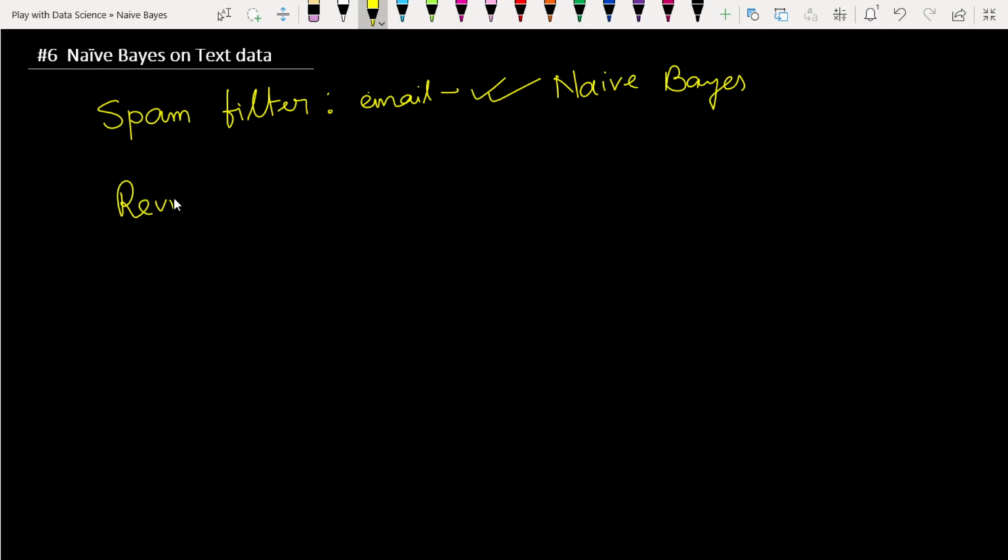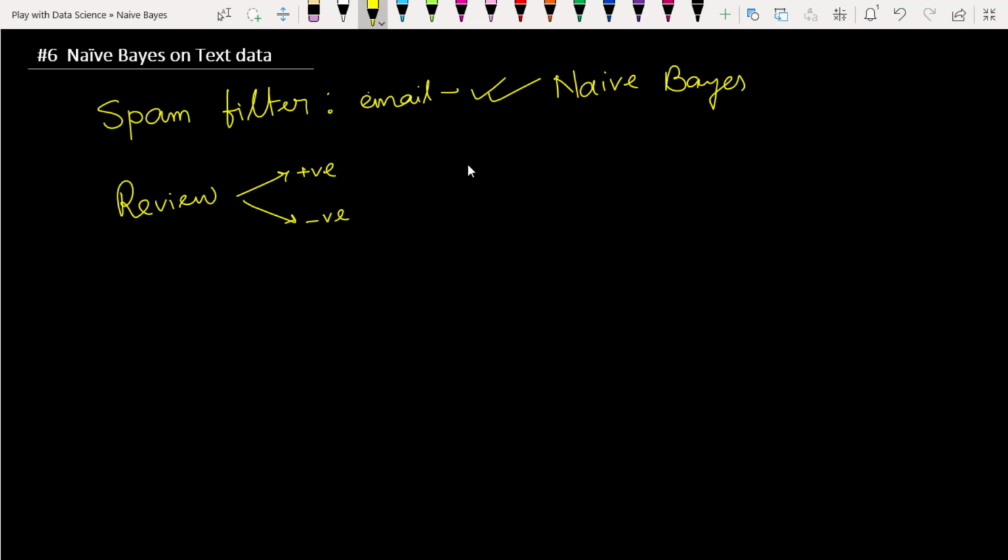A review classifier decides whether it is positive or negative. If you go to the Amazon section for each product, below each product you can easily find the product reviews. How do we classify which review is positive for this product and which one is negative? To classify this kind of thing, Naïve Bayes is the most useful one.